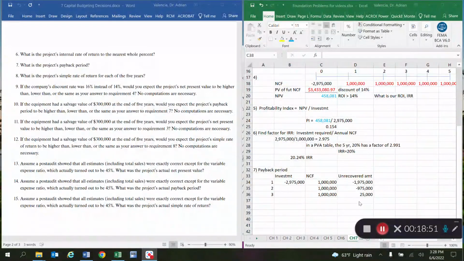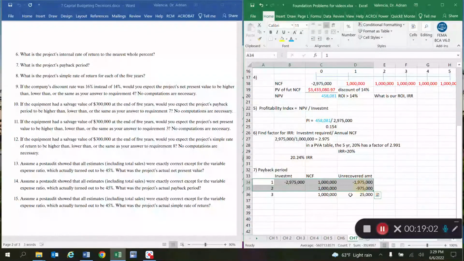And if you wanted to be exact, then you would say, well, what is 975,000 out of that million? And that gives you that partial year. So you know it's 2 years and change, right?